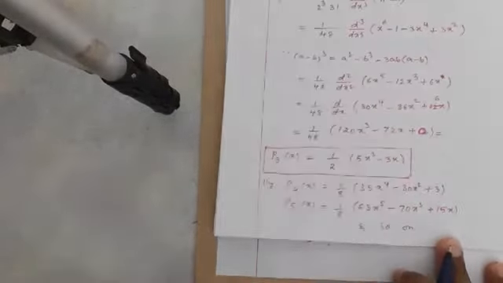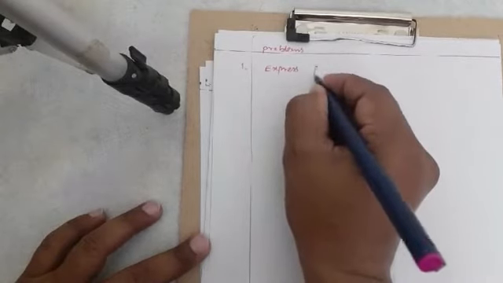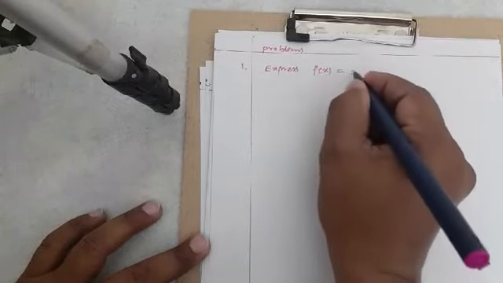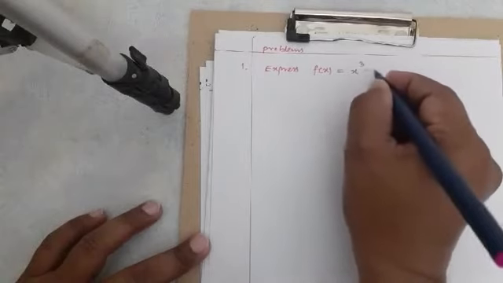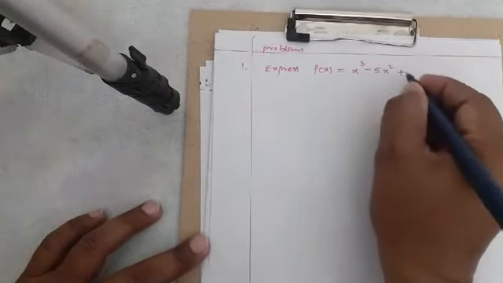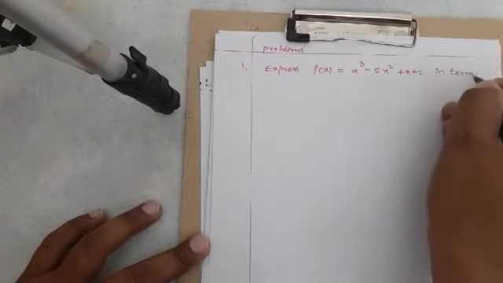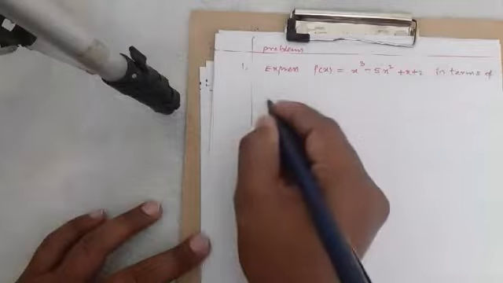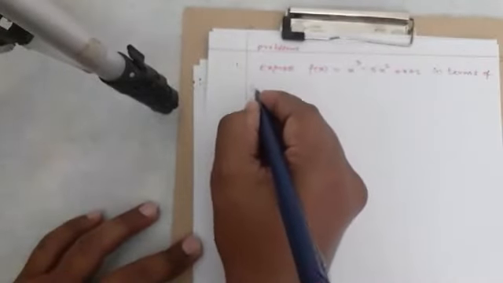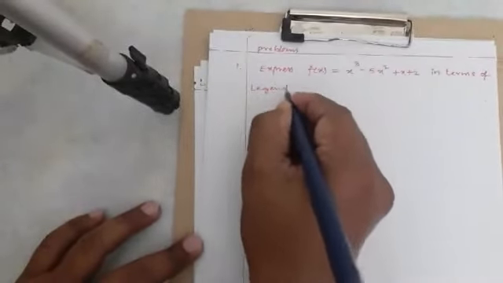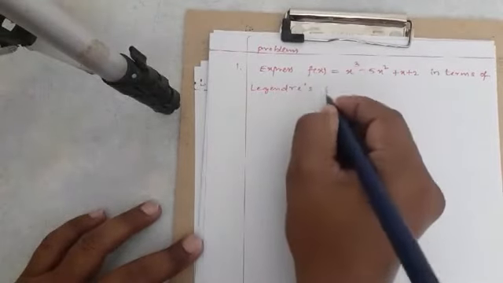Now let us write the first problem here. Express f of x is equal to x cube minus 5x square plus x plus 2 in terms of Legendre polynomials.